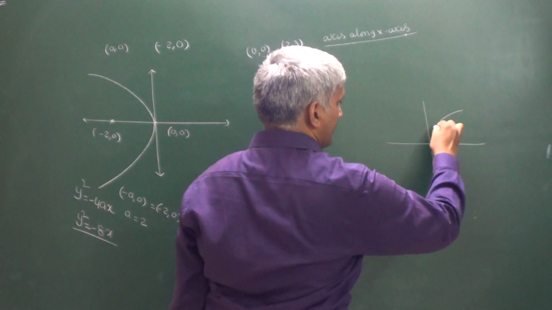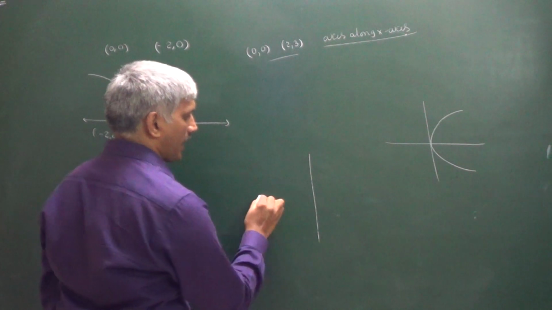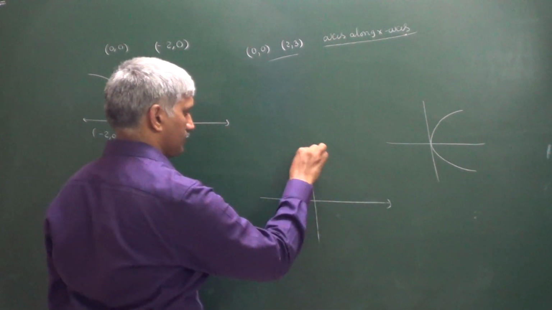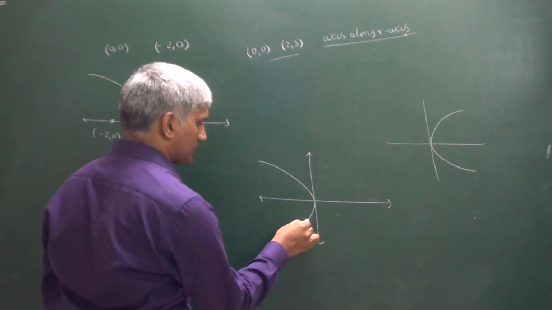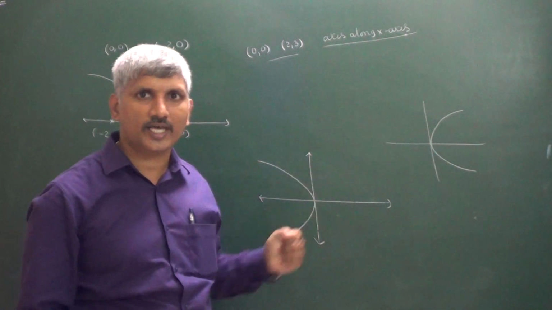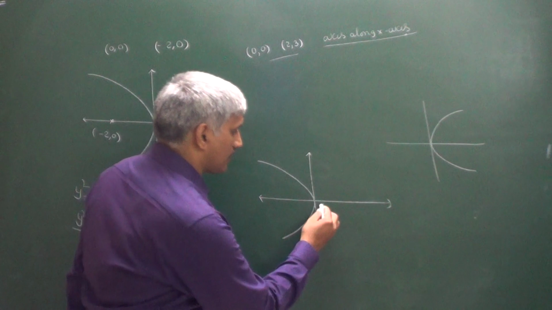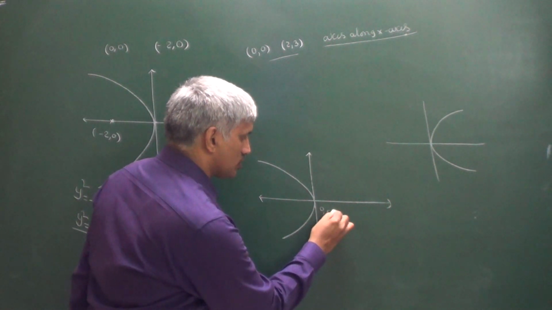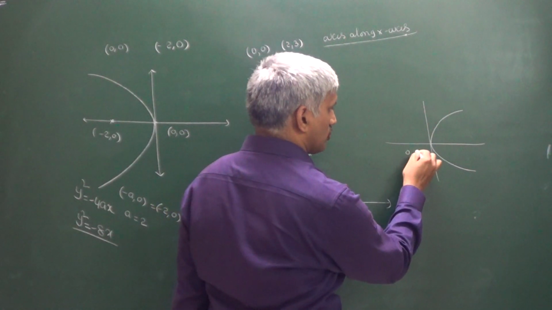Here also the axis is along the x-axis. In this case also the axis is along the x-axis. In both cases the axis is along the x-axis only, and the vertex is (0, 0).